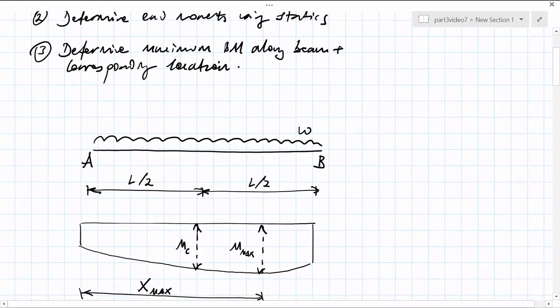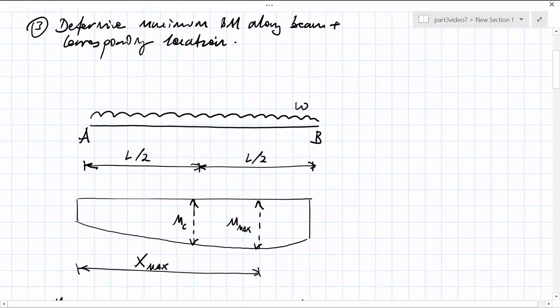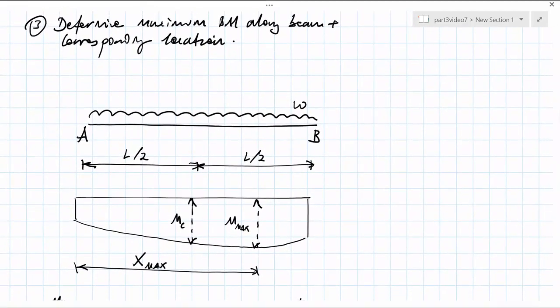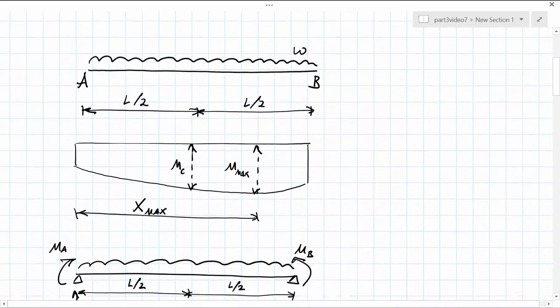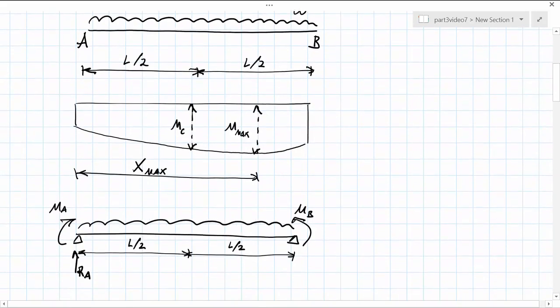For the statical procedure, we use the following formula to work out the location and magnitude of the maximum bending moment. Taking any segment from your structure, AB, with the distributed load along it of magnitude W, we can then work out what the reactions are and consequently where the location of the maximum bending moment is, and finally what the actual maximum bending moment is.